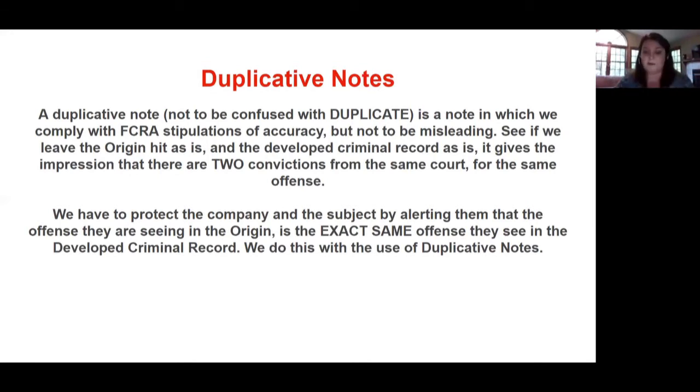Or again, it might be in a statewide, a cursory, or a cyber. We'll put in notes anywhere within the report that states this is the exact same offense. It's not multiple offenses, it's not different cases. It's the same thing listed throughout the report.